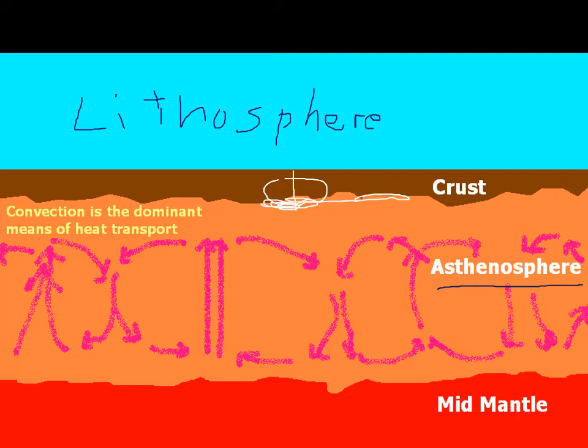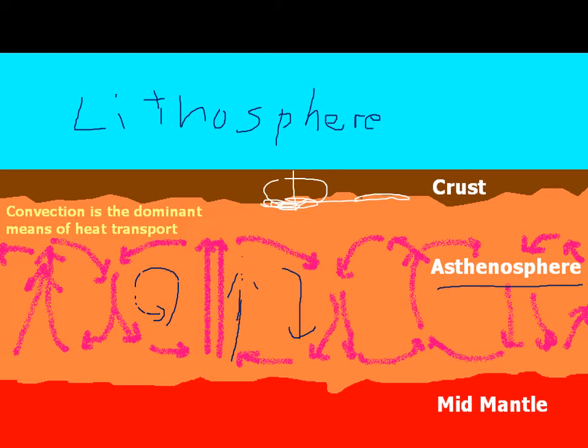It does move around a little bit, and as it flows, it's hot near the bottom, and so the hot rock works its way up and pushes the cooler rock near the surface down, and so you get this convection pattern that's flowing inside there, and that convection pattern is helping bring heat from the interior of the Earth up to near the surface. So this asthenosphere is this layer that is fluid and readily movable.